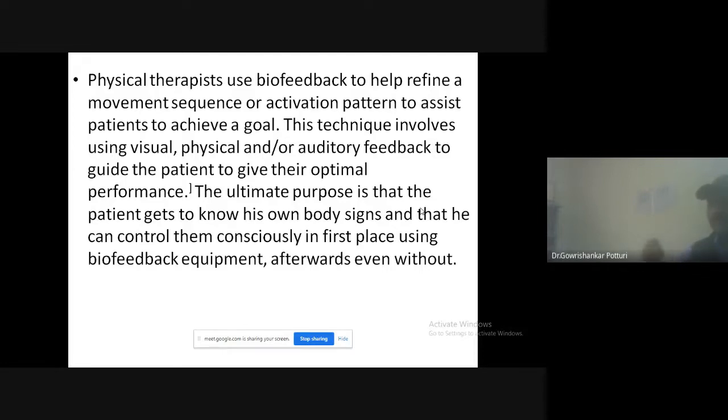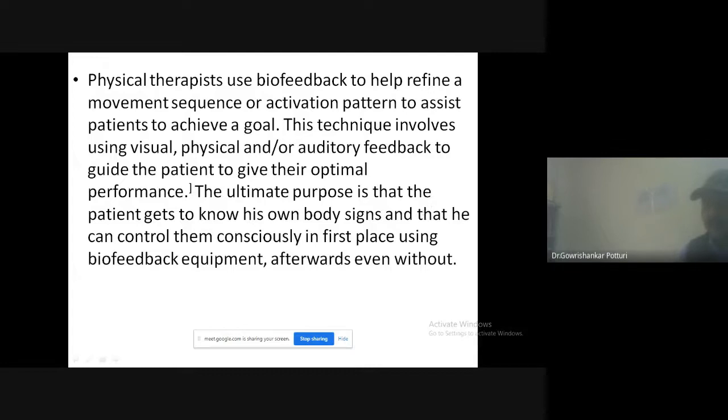So suppose the movement is there, I will tell you one small example. We have biofeedback here. One game will be there. I will tell you one very good example. For hand gripping, one flight will be there, and several mountains will be there.